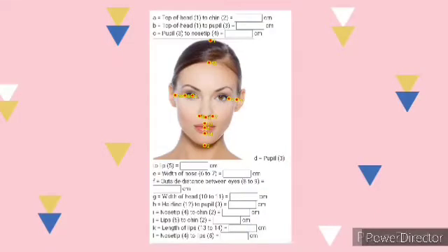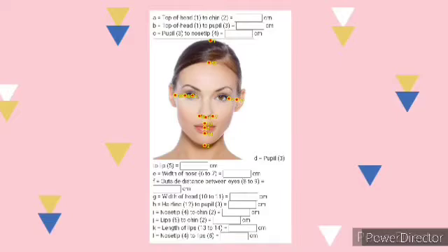How to measure your face? A. Top of head 1 to chin 2. B. Top of head 1 to pupil 3. C. Pupil 3 to nose tip 4. D. Pupil 3 to lip 5. E. Width of nose 6 to 7. F. Outside distance between eyes 8 to 9.